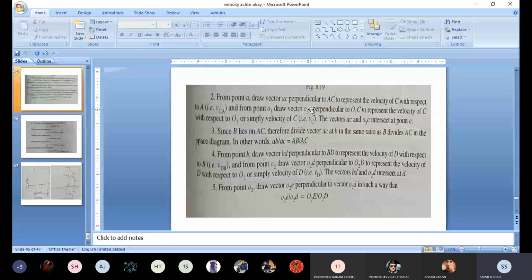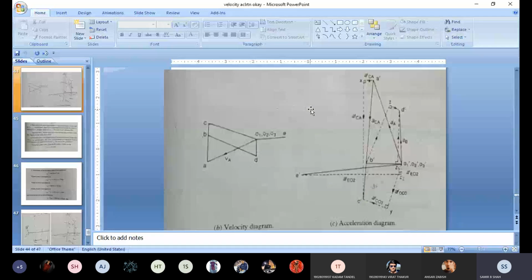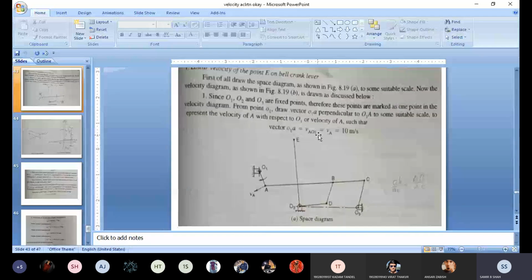So the radial part of AO1 is V square AO1 by O1A, or 10 square divided by the length of link O1A, 0.1 meter. So it's 1000 meter per second square.